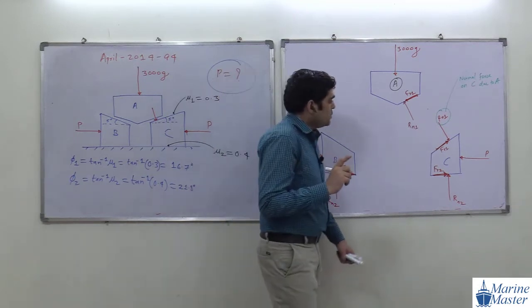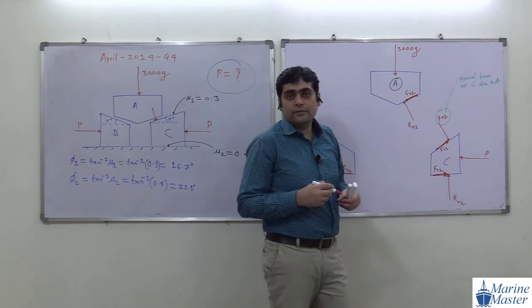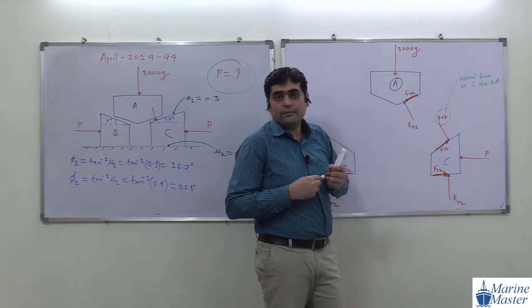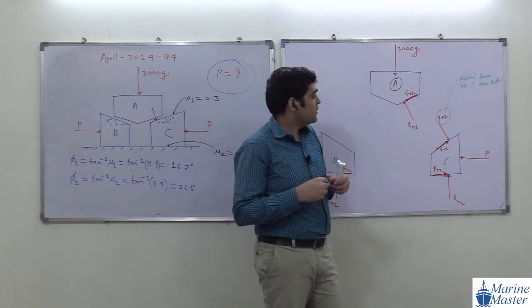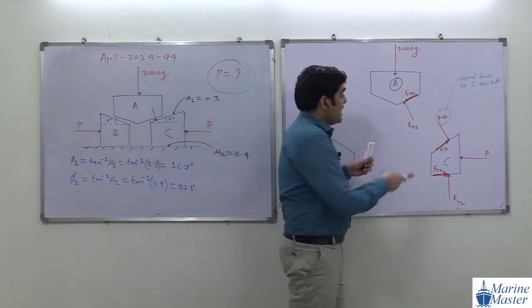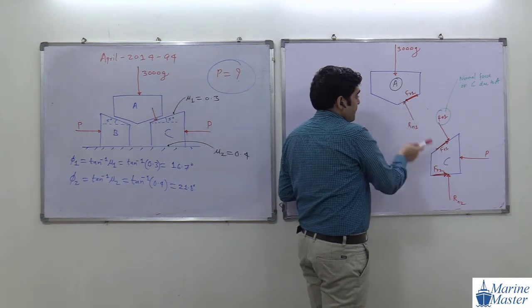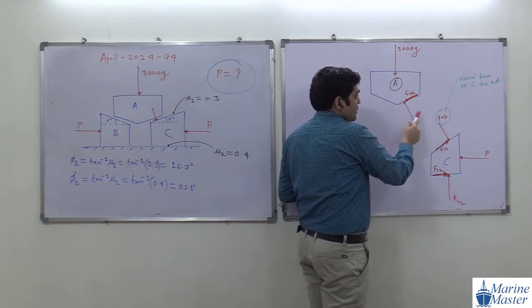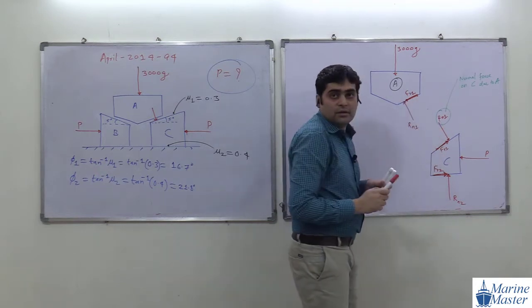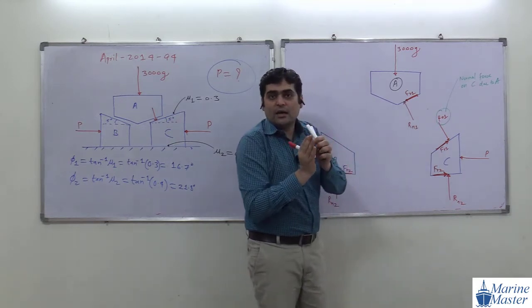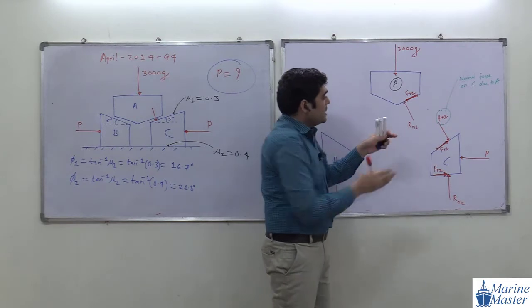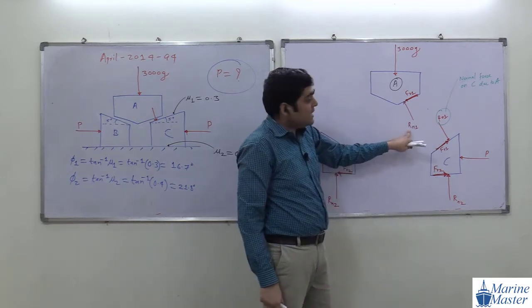Okay, good. No, the same force, action and reaction, because they are both in contact with each other. See this plane and this plane, so this will not be Rn3.